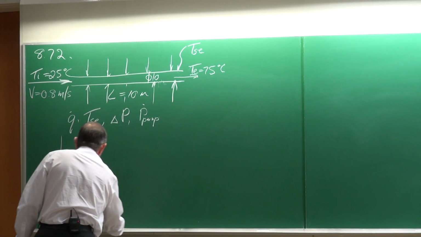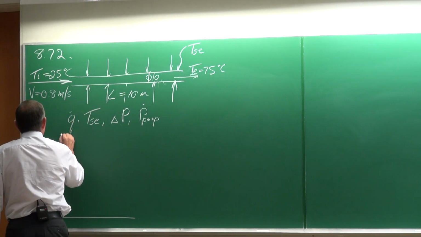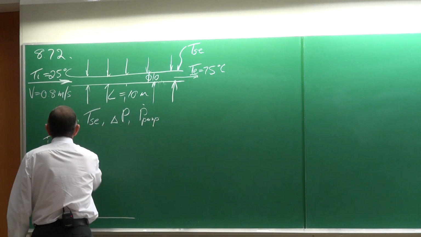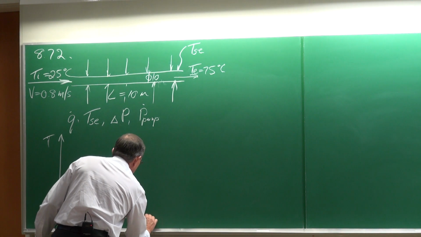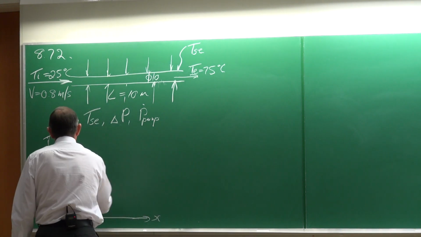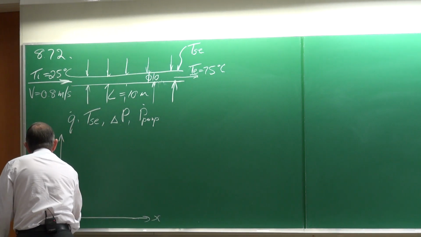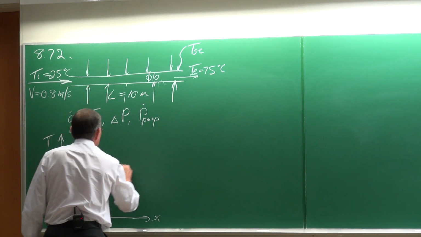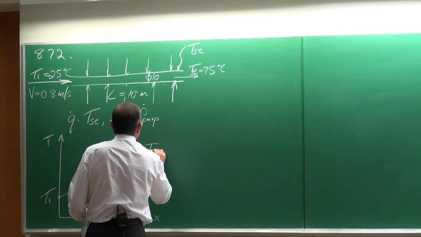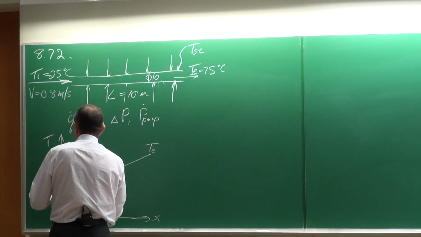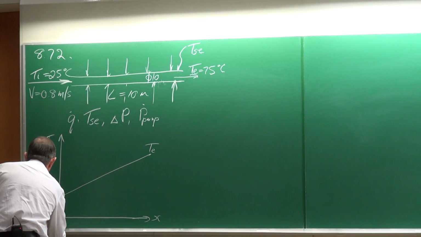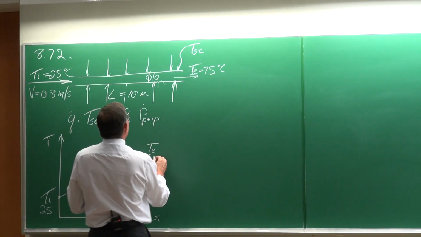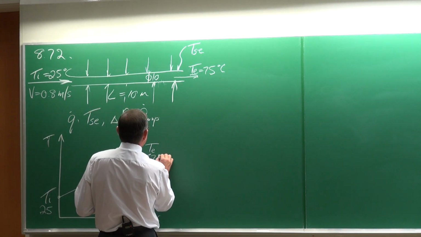Schematically, we can show the problem like this. Temperature as a function of X. This is the fluid inlet temperature. That is the fluid outlet temperature. So the inlet temperature is going to be 25. The outlet temperature is going to be 75.